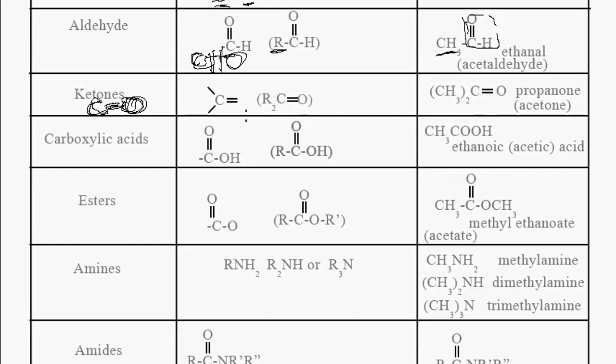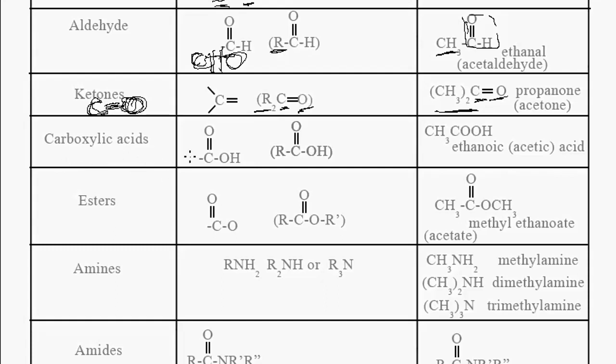I have two alkyl groups, and then I have my C bonded to O. So this is a typical example of a ketone, where I have this bonded to CO. I have this to be a propanone. So this is a ketone. All right, so over here I can also have a carboxylic acid.